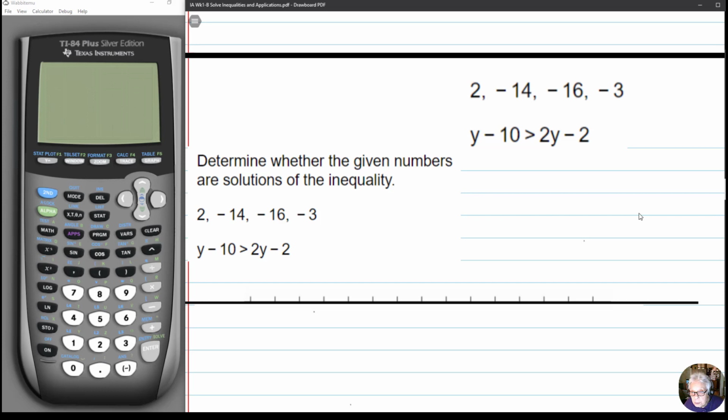So I'm going to subtract 2y from both sides. Over here, 2y minus 2y is 0, so I'm left with 0 minus 2. Over here, I have 1y minus 2y, that's negative 1y, and bring down the minus 10.